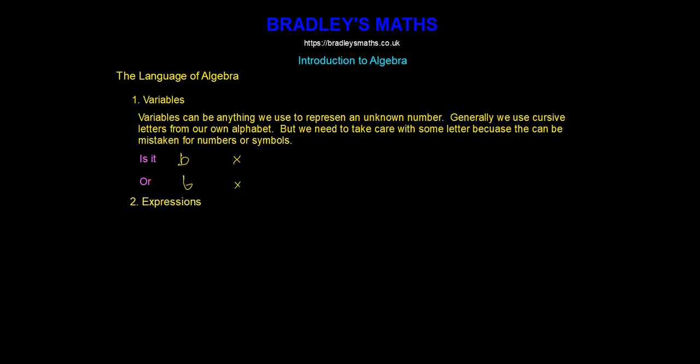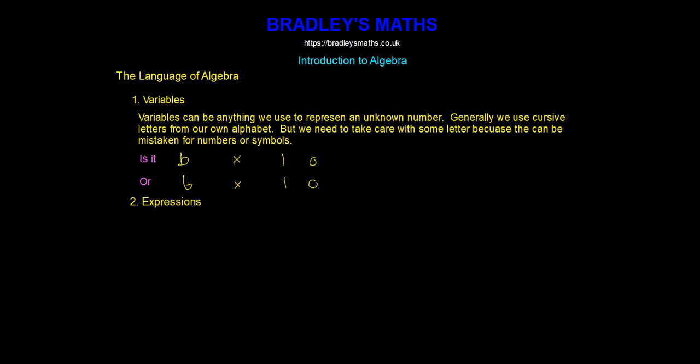Is it an L or is it a 1? And if you do your L's and your 1s like I do, it's almost impossible to tell. Is it a 0 or is it a letter O? So it's very easy to mix things up. And I'm sure that if you think about it, you'll be able to find other letters that you can mix up.